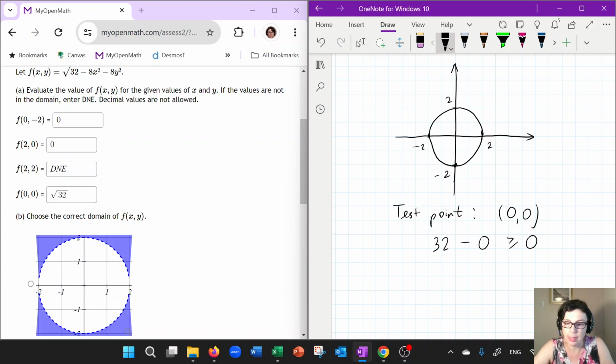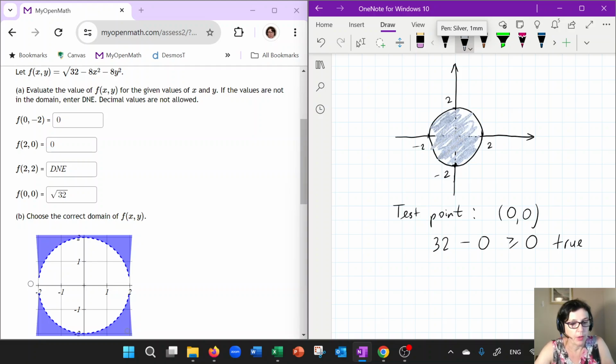If this is true, that means that (0, 0) belongs to the domain. And that's really all we need. As long as we get one point that belongs to the domain, we will know if it's inside or outside. Because (0, 0) belongs to the domain, we are going to shade everything inside the circle. So that would be a correct answer.